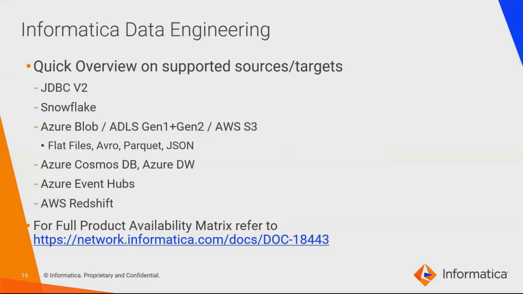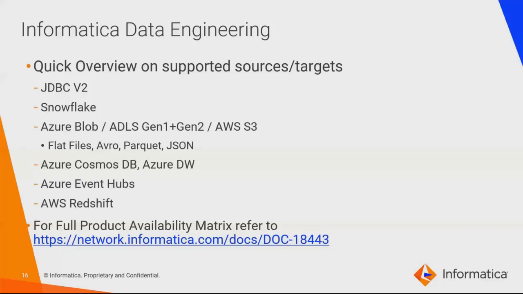It's an evolved, improved version of the JDBC connector you might have been using in previous releases. In order to access any relational databases with 10.4 on Databricks, you will need to use the JDBC v2 connector. We also support Snowflake.